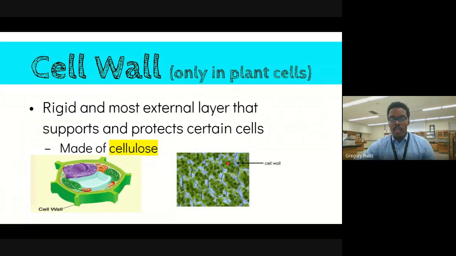So we'll have a slide on probably, I think, like 9 or 10 of them. So as stated, the cell wall only appears in plant cells. So only plants have cell walls. Animals do not have cell walls. Bacteria do not have cell walls.